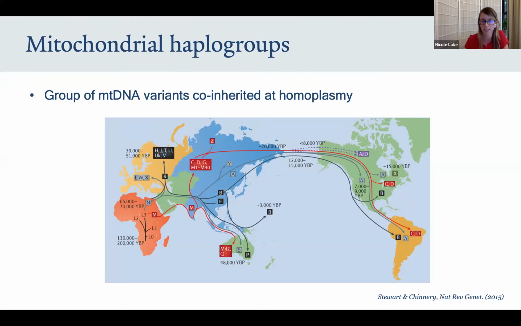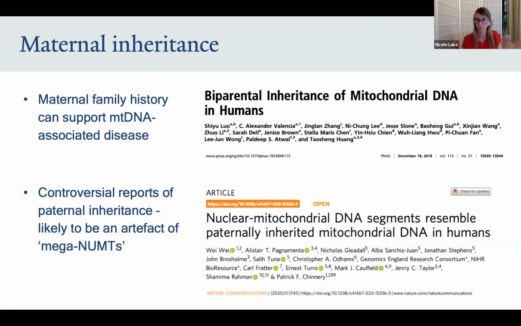Speaking of maternal inheritance, mitochondrial DNA is, of course, maternally inherited. This means that collecting maternal family history can often be useful to support the basis of mitochondrial disease. However, I wanted to touch upon some controversial papers that came out in recent years, suggesting that biparental inheritance of the mitochondrial genome was more common than previously appreciated.